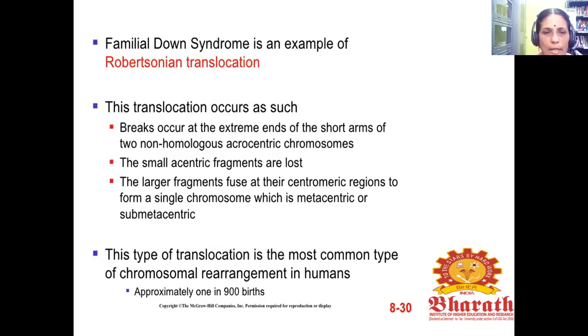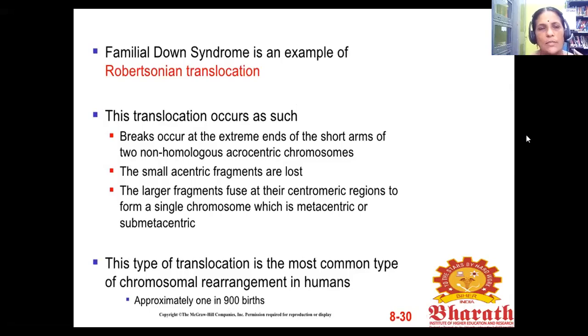The small acentric fragments are lost. The large fragments fuse at their centromeric regions to form a single chromosome, which is metacentric or submetacentric. This type of translocation is the most common type of chromosomal rearrangement in humans.